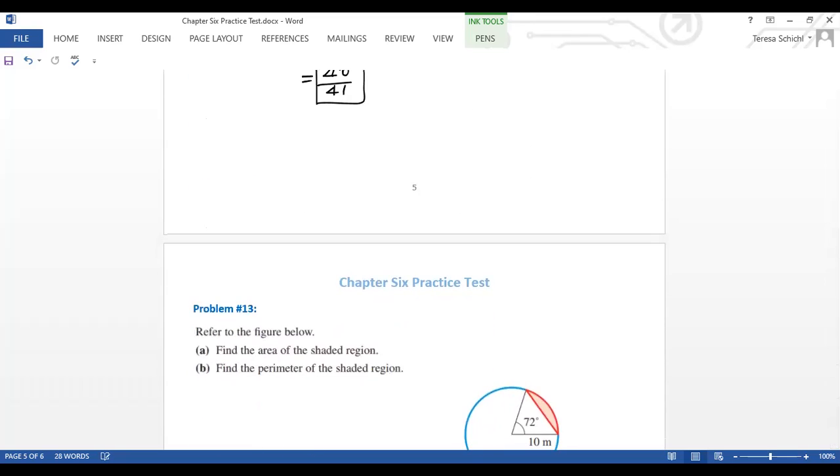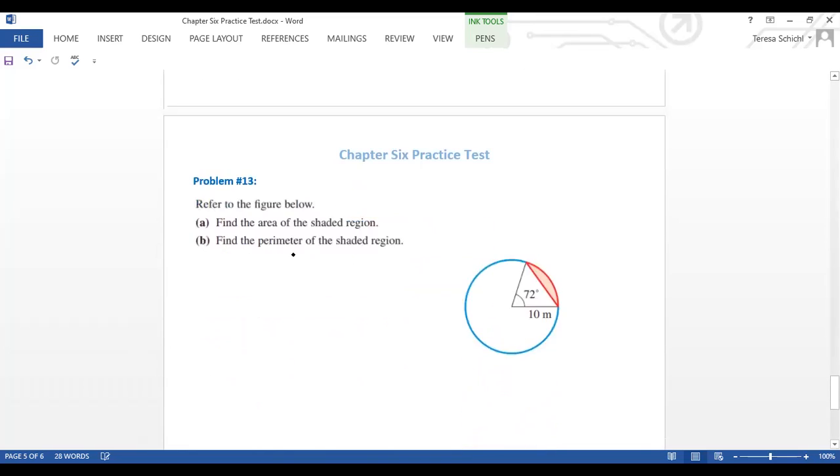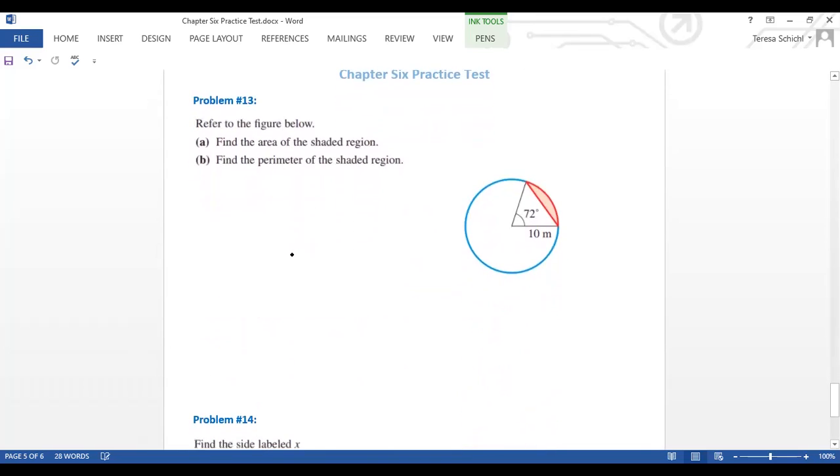Now let's take a look at some application problems here, all right? So here we want to find the area of the shaded region, and also I want to find the perimeter of the shaded region here. Okay, so the area here, right? So this shaded region.